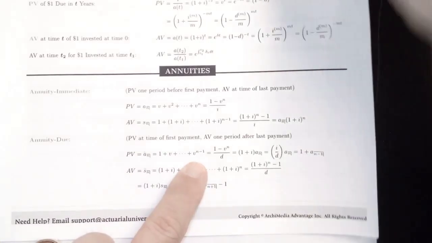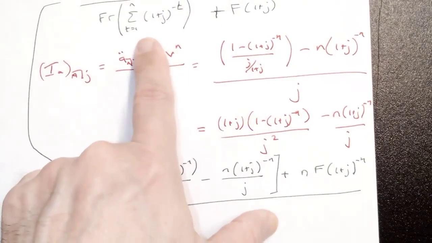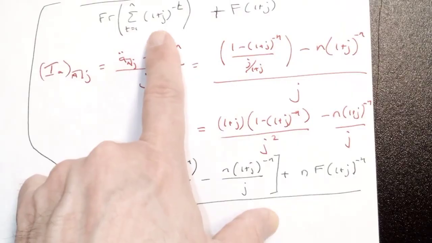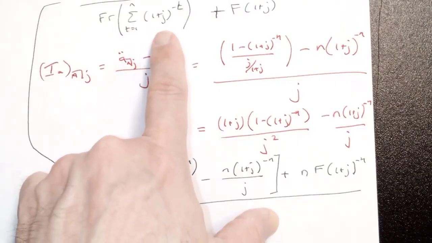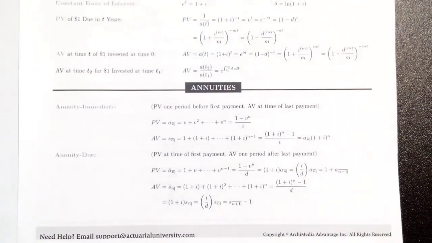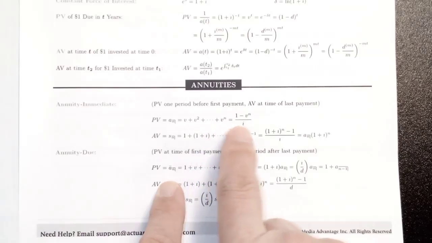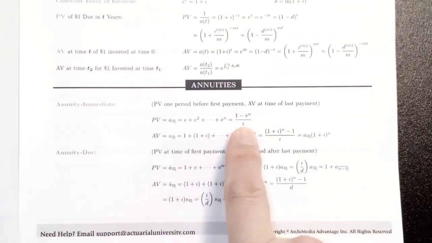Look at this parenthetical term in the denominator. It's going to go v to the first, v to the second, all the way up to v to the n. And in that same section, instead of using the annuity due formula, if I use the ordinary annuity, that's also simplifiable.